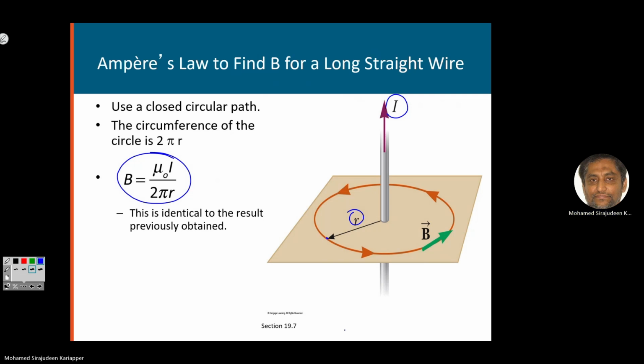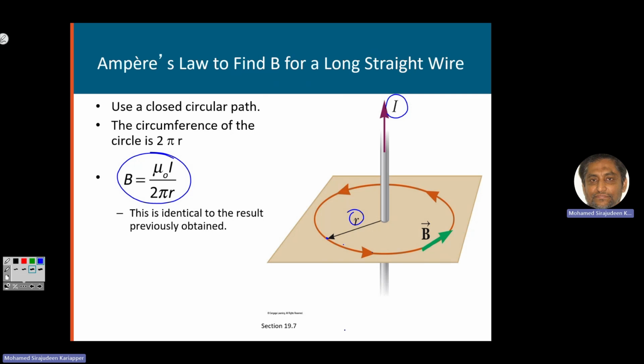From symmetry, the magnetic field must be the same everywhere on this circle, a constant, because we are talking about an infinitely long wire. There is no reason why the magnetic field would be different along this circular path. It has to be constant.